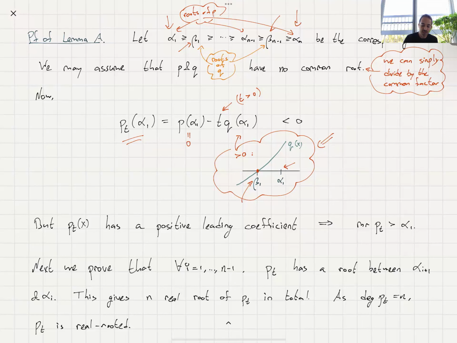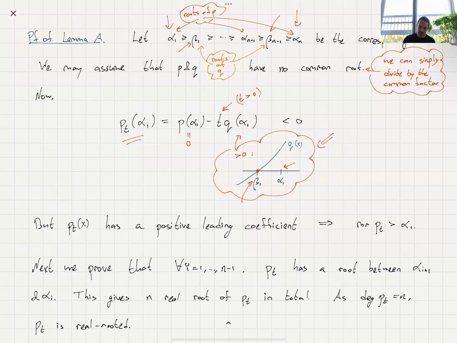Now PT has a positive leading coefficient. In fact, it inherits the positive leading coefficient of P because Q is of degree n-1. So if PT of alpha 1 is negative and it has a positive leading coefficient, at some point it's going to cross the x-axis, and that's going to give you a root.